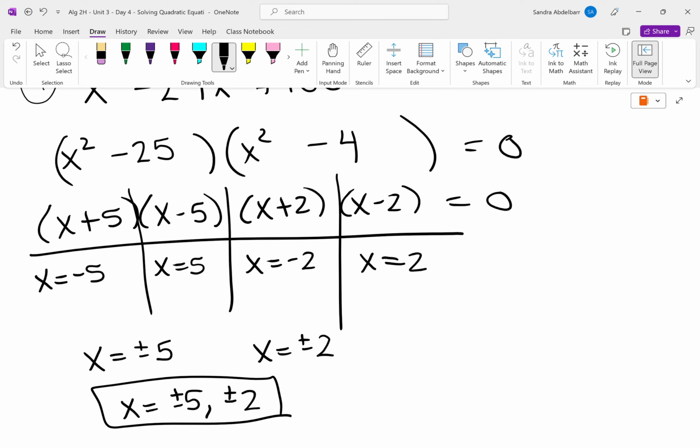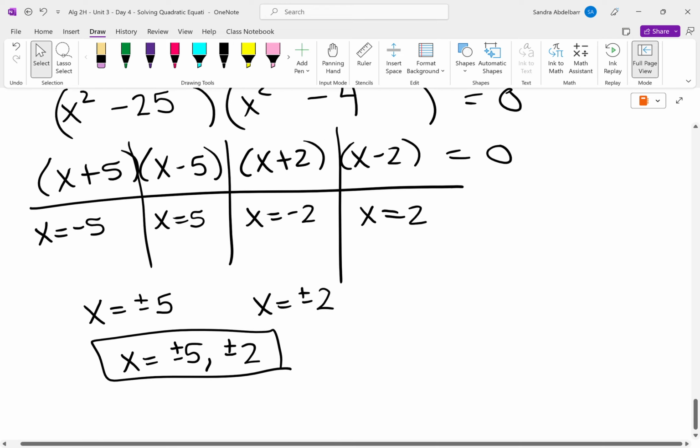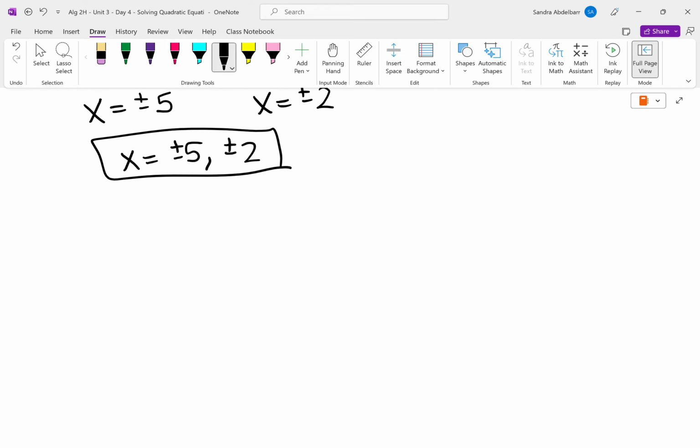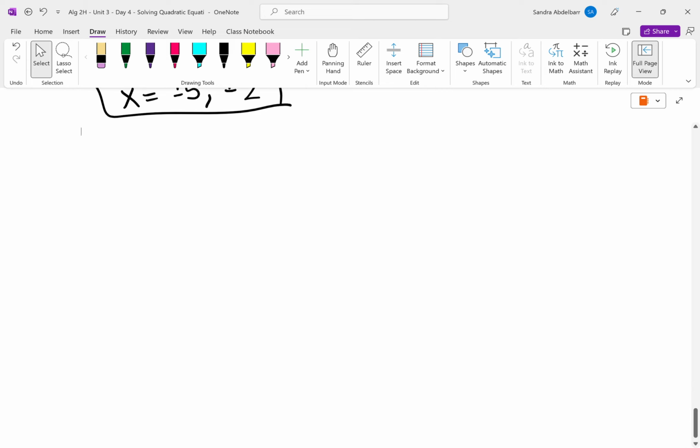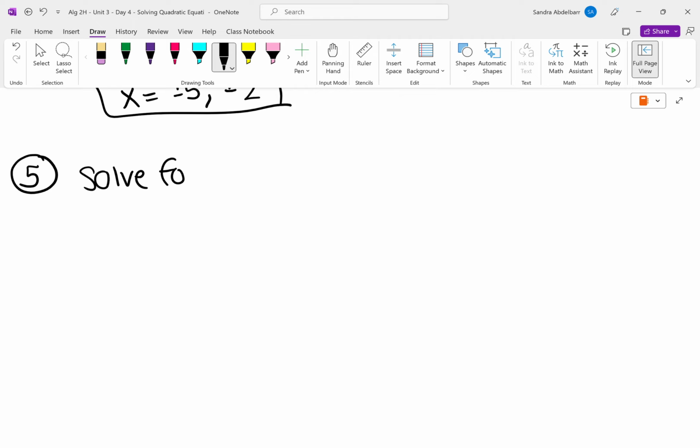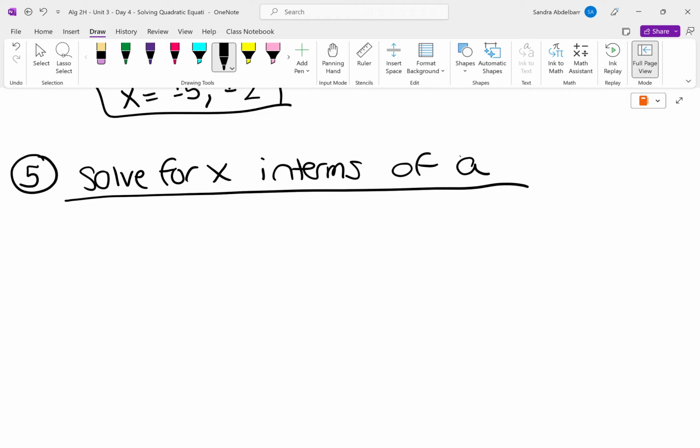Okay, next one. So now I'm stepping it up just a little bit. I'm going to say solve for x in terms of a.